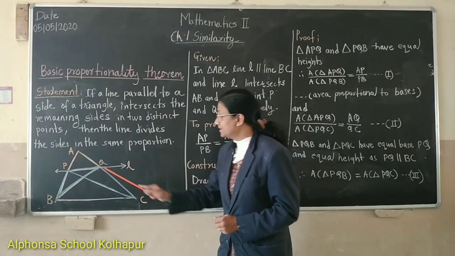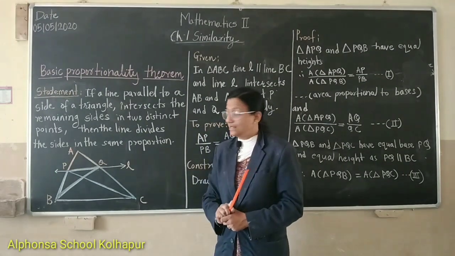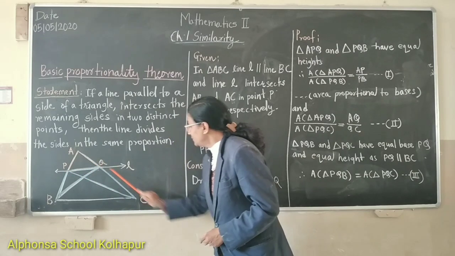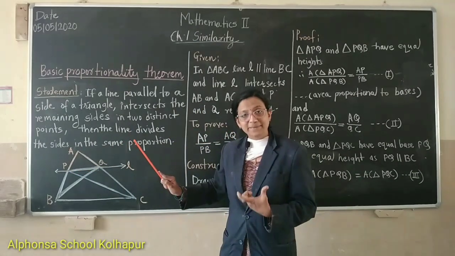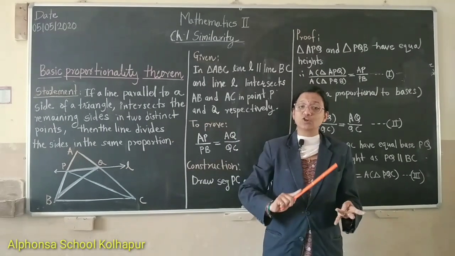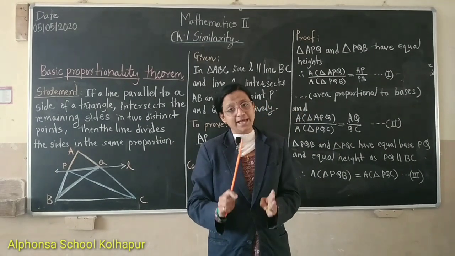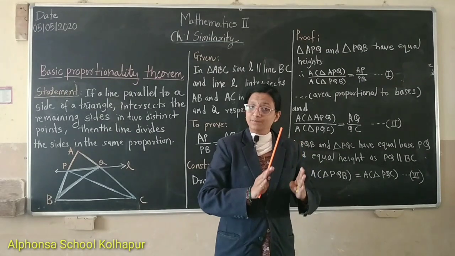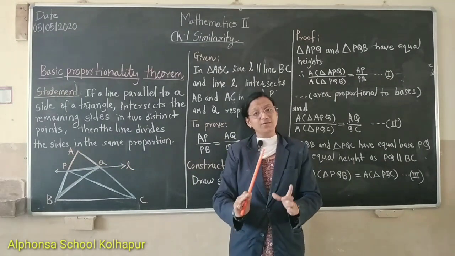At the same time, if we consider PQ as the base of triangle PQB and triangle PQC, they both will have a common base. So both triangles have common height as well as common base. What is the formula for the area of a triangle? Area of a triangle is equal to half into base into height. Because of this, both triangles will have equal areas.